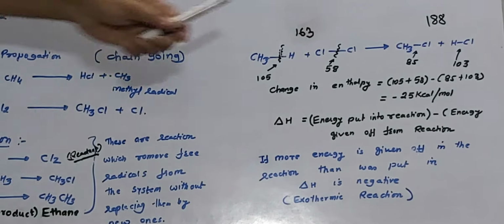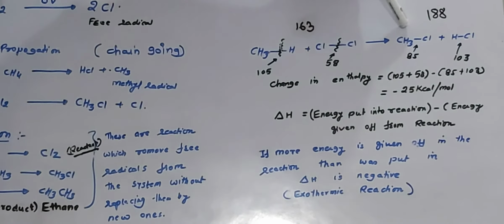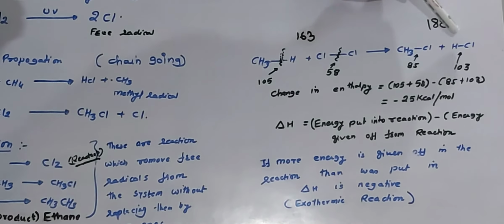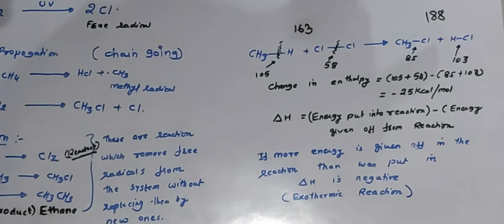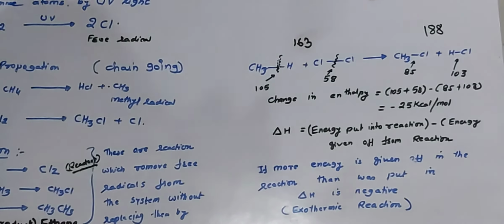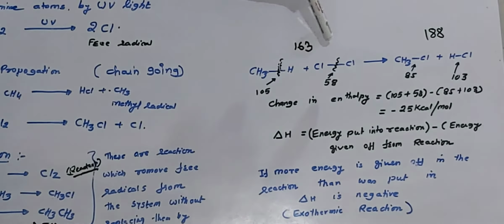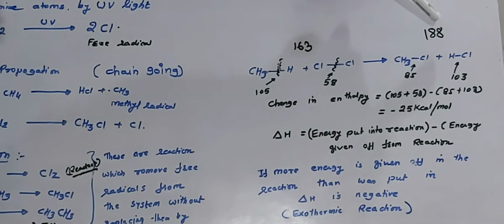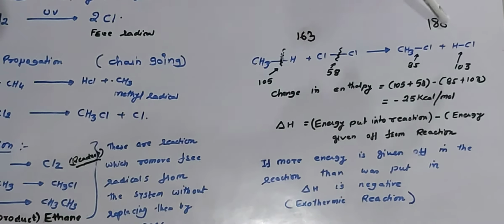But when we see the formation of the CH3-Cl bond, the energy which is released is 85. And for the formation of H-Cl, the energy is 103. The total of these two is 188, means 163 energy is required for the breakdown of these two bonds, and 188 is involved in the formation of CH3Cl and HCl.